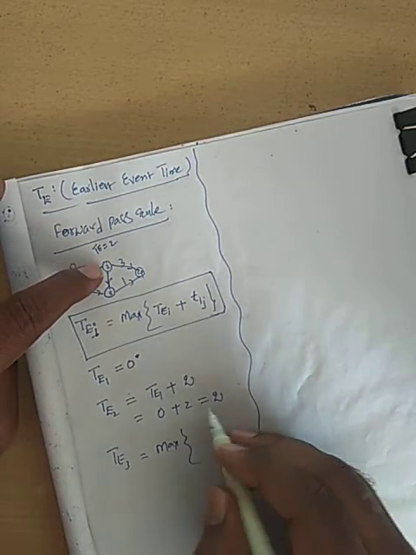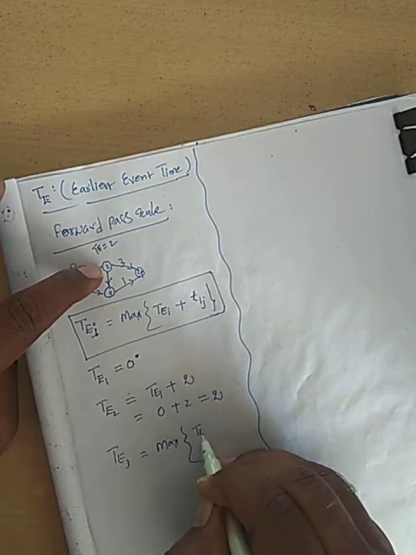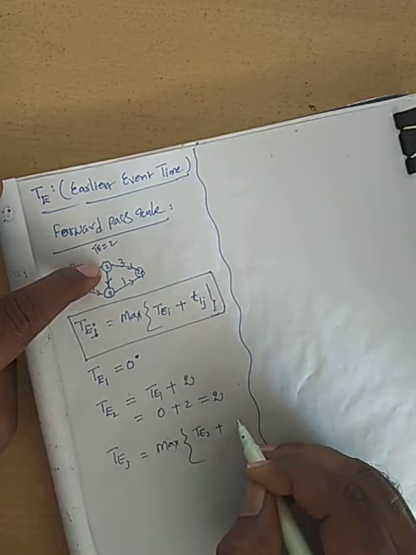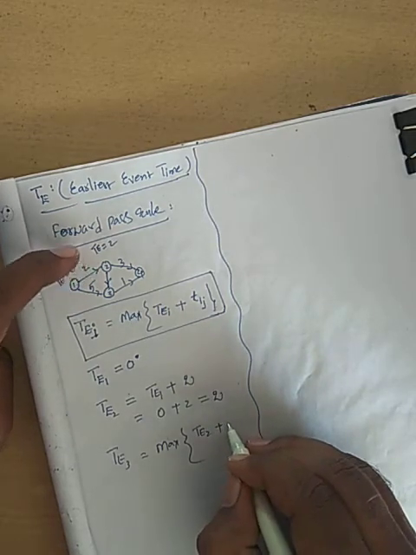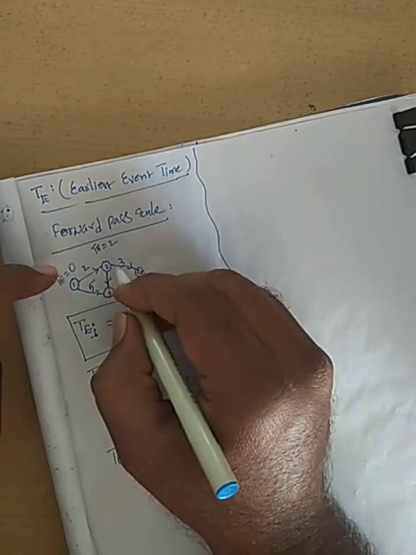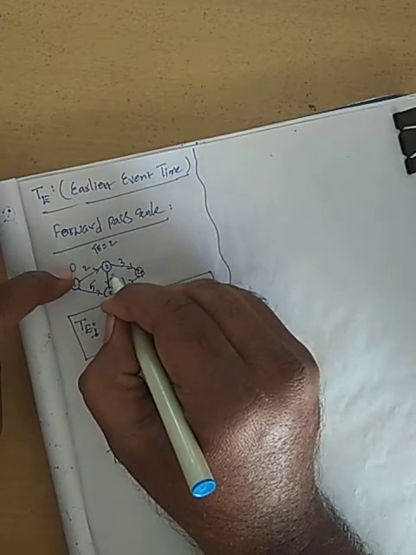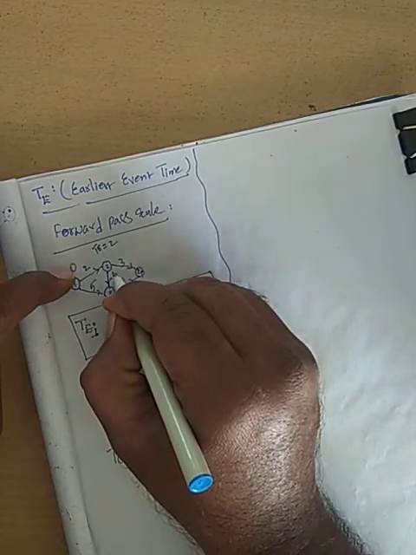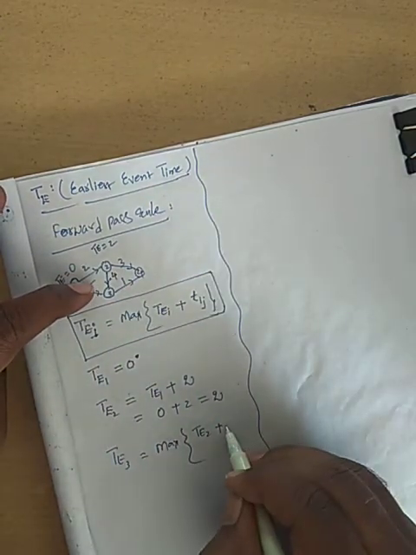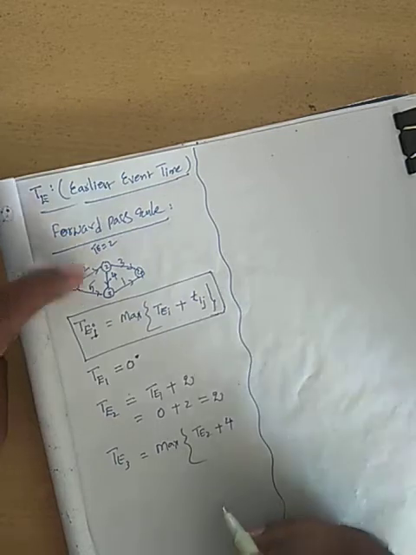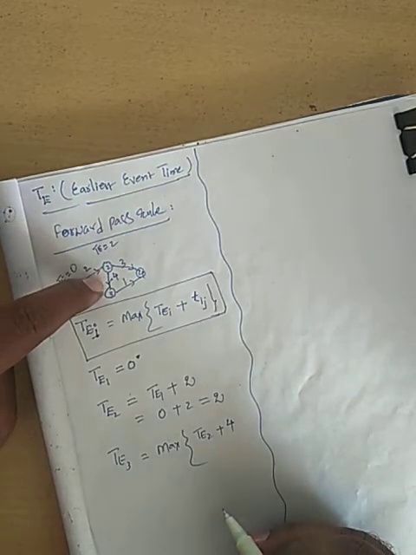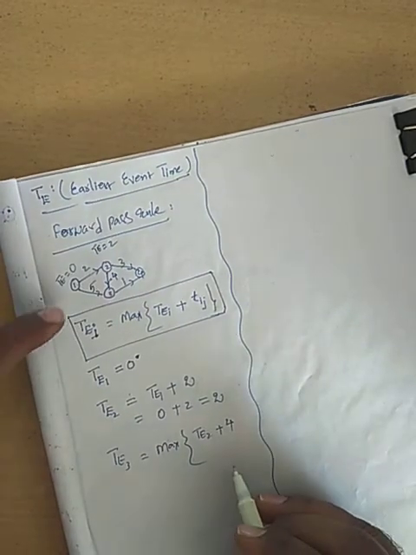First root: TE2, that value, plus the corresponding Tij value. Let us suppose this Tij value is 4. So TE2 plus Tij value 4.